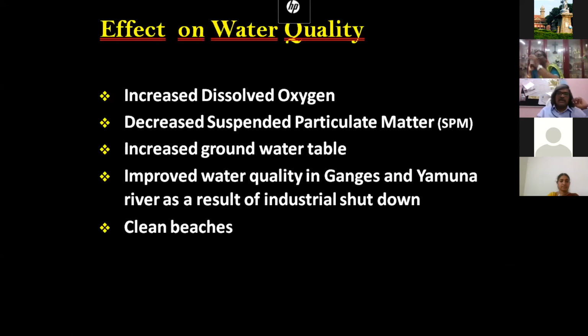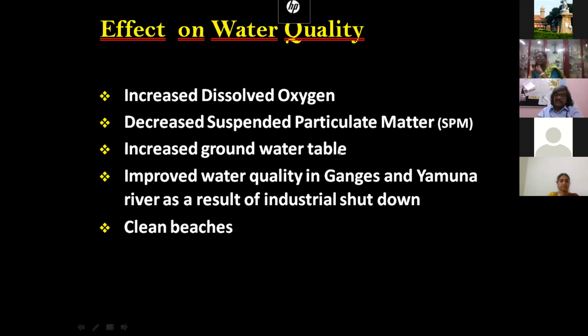But during the lockdown, the water quality in the Ganges and Yamuna improved a lot, obviously because of the industrial shutdown. The very first thing is increased dissolved oxygen content in these rivers or water bodies. Definitely, there is a decrease in SPM, suspended particulate matter, and an increase in the groundwater table.